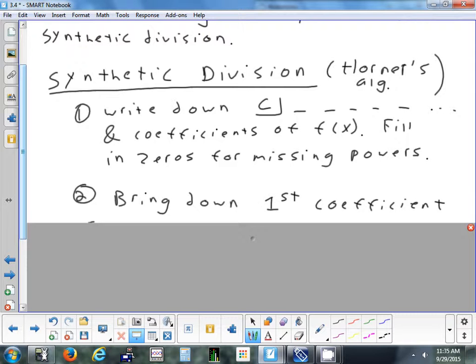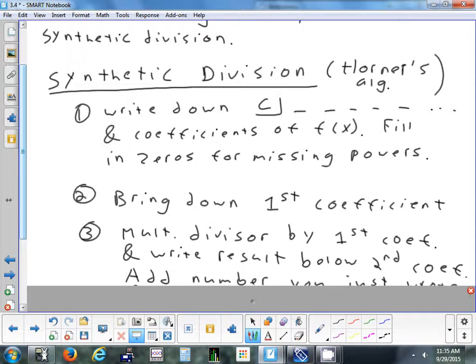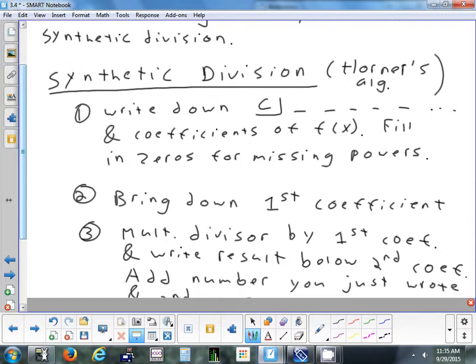So I'll show you how this looks on paper. What's nice too is this takes up a lot less space than long division. It's very compact. We're going to take the first coefficient and bring it down. Next we're going to take our divisor, the number that's on the outside, and multiply it by the coefficient we just brought down, and write the answer in the second column.